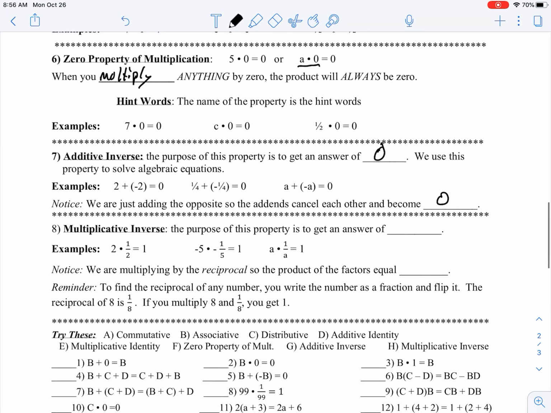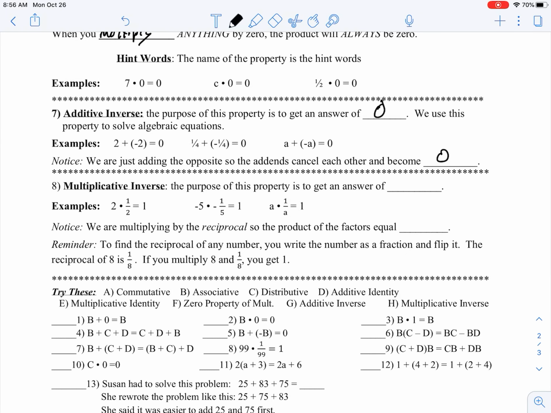And just like the additive inverse, multiplying has an inverse, so the purpose of this property is to get an answer of 1. So 2 times its inverse, 1/2, will give us 1. -5 times its inverse, -1/5, will give us 1. And any number times 1 over that number will give us 1.